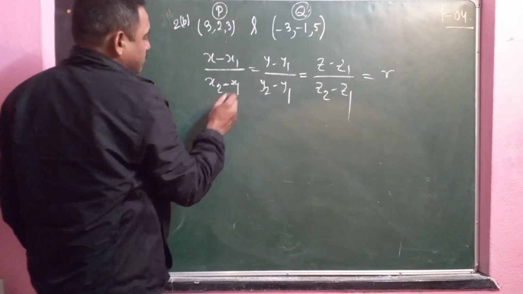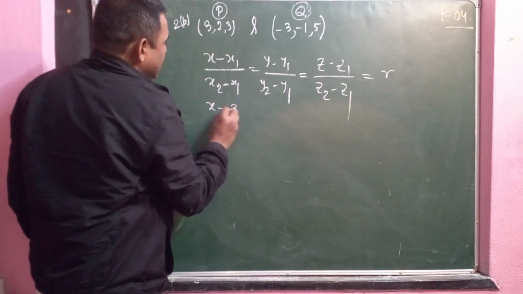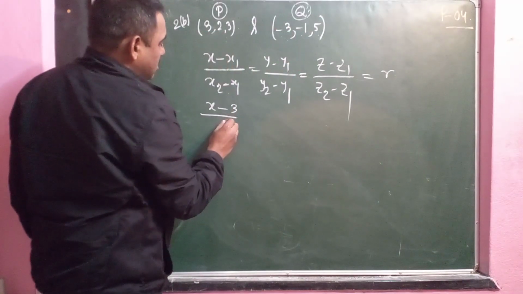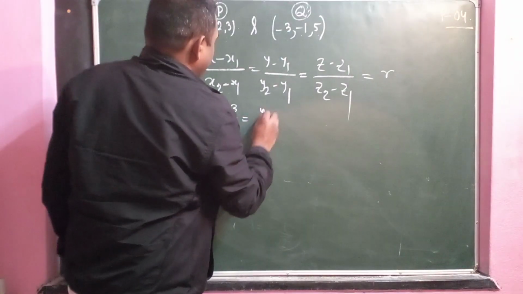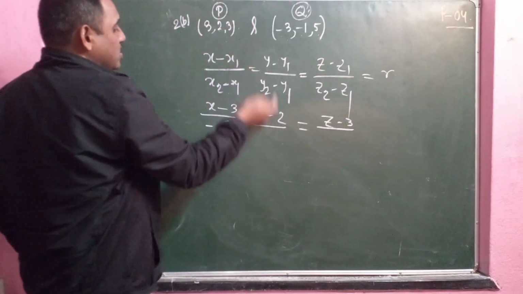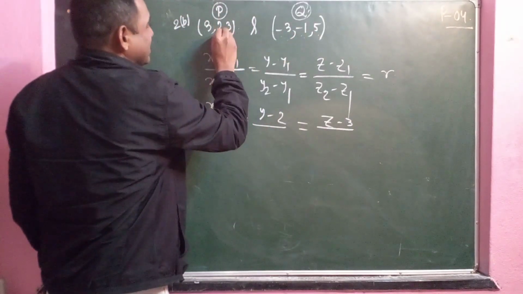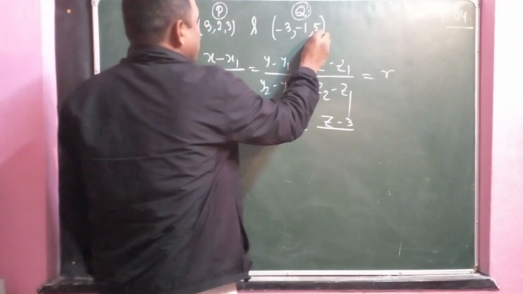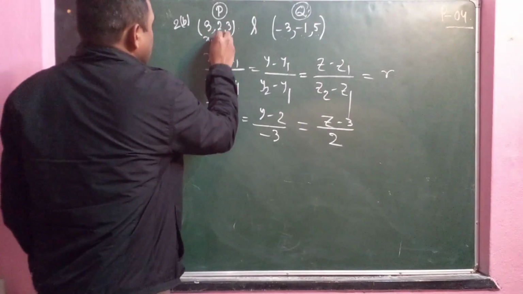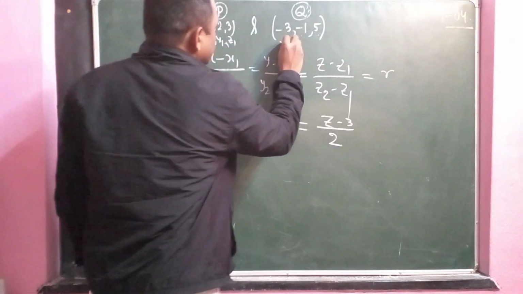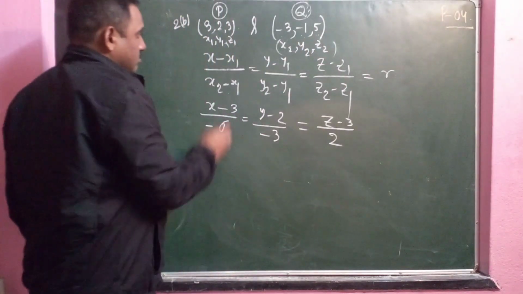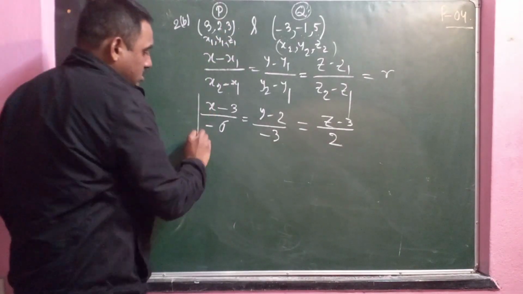So x2 minus x1 is minus 3 minus 3, that is minus 6. y2 minus y1 is 3. z2 minus z1 is 2. This is the symmetrical form.